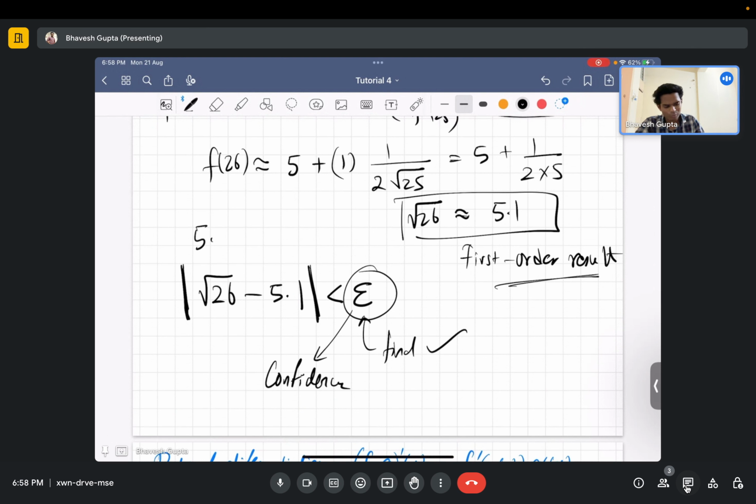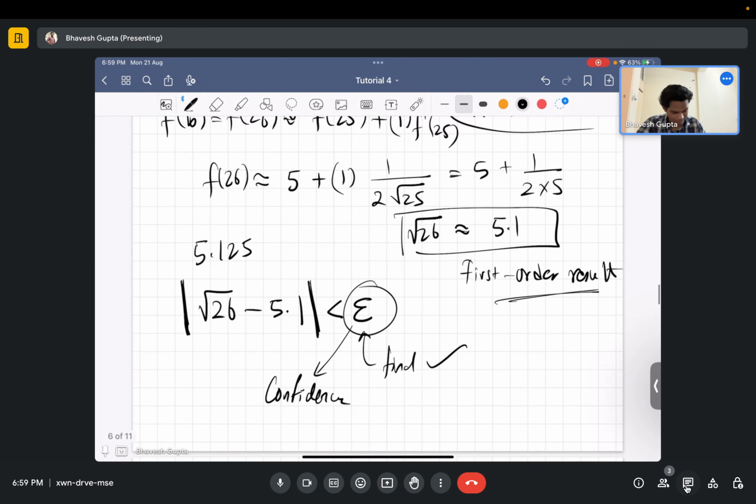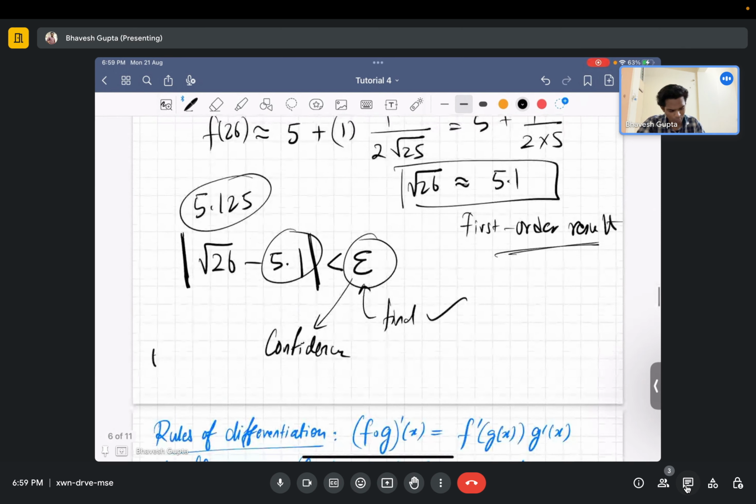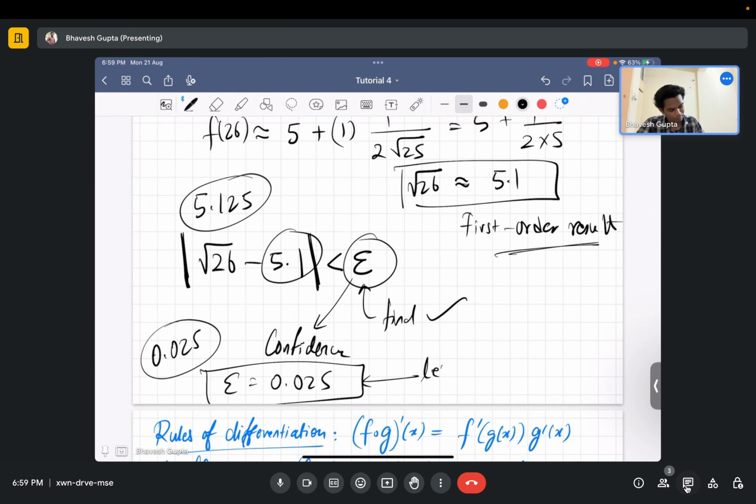Let's say my exact value was 5.125, for example. I'm just saying for example. So we can see that my difference between this and this turns out to be 0.025. So I can say that my epsilon turns out to be 0.025. So this is my level of confidence. So this is how sometimes we define the approximation, and this is how we write it down.